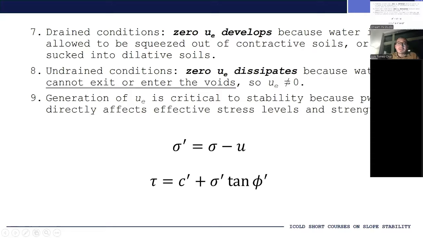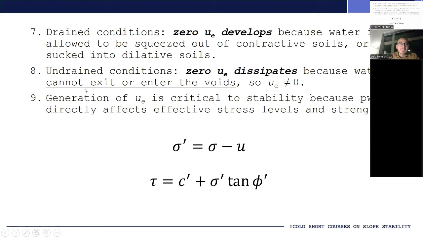So we have here a condition in which generally the excess pore water pressure is not zero.